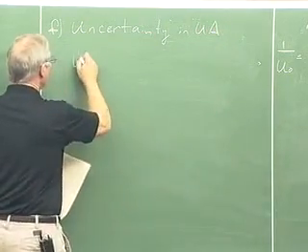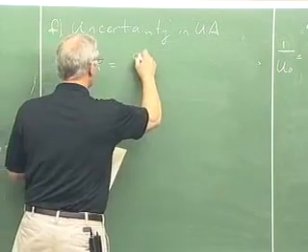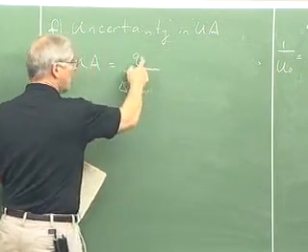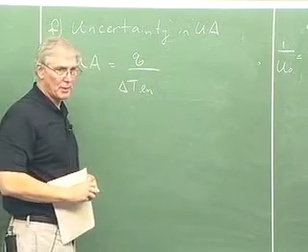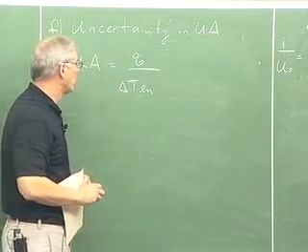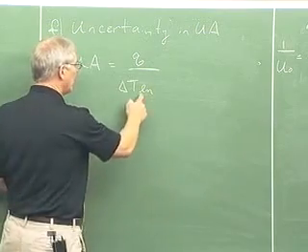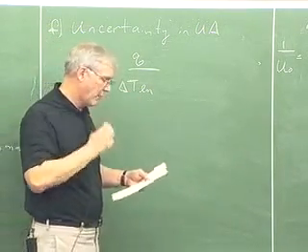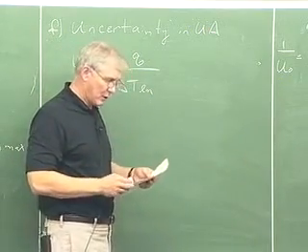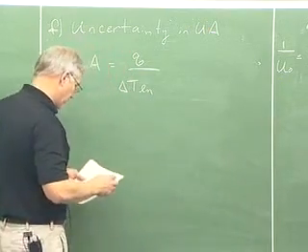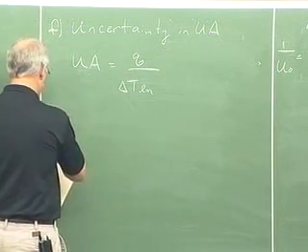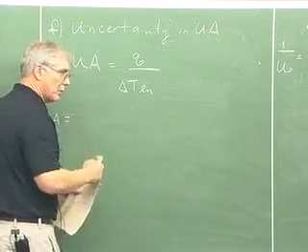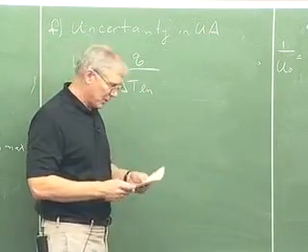All right, so we know that UA is equal to Q over delta T log mean. We measured Q, well, we got Q from our temperatures and our mass flow rate and our specific heats, and we also measured the log mean temperature difference. If we use the average of the hot and the cold heat rates, we get that UA, we'll plug in all our values here, because we're doing an uncertainty, so we want to plug in all our experimental values.